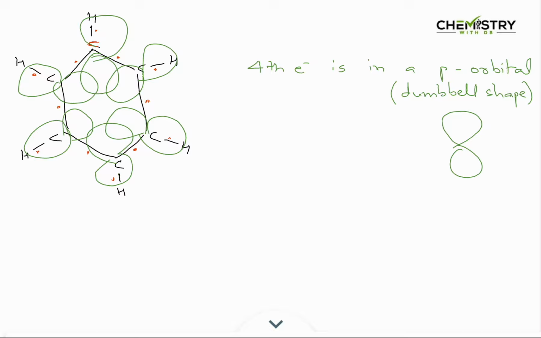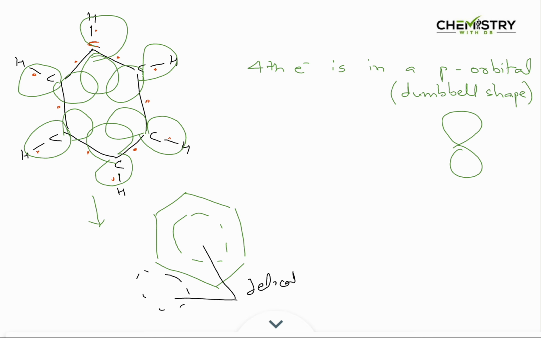As a result, you get an electron cloud spread like a ring, above and below the hexagon. This is the delocalized electron cloud, which is known as the pi system. So there are no pi bonds in benzene, mind you. It's a pi system of delocalized electrons.